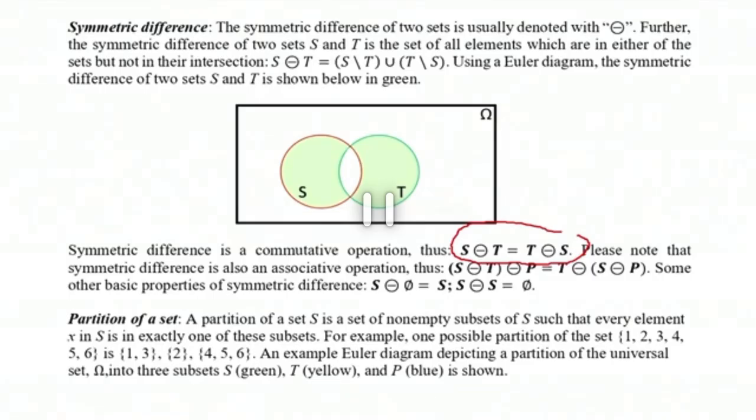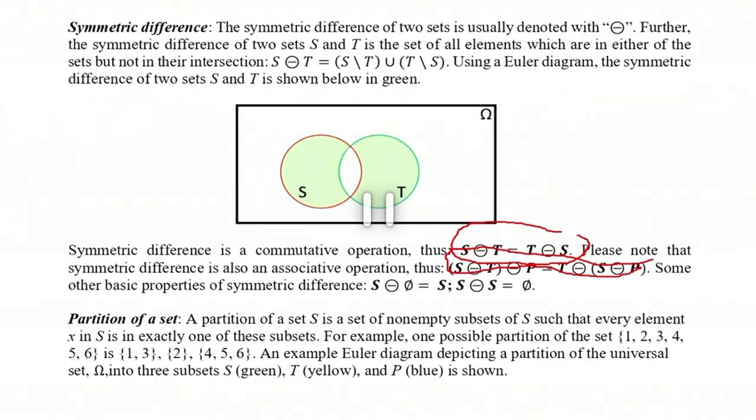And it is also associative. That's what this is talking about. I can give you some sets in S, some sets in T, some sets in P, and ask you to investigate whether the associative relationship holds. I can ask you to investigate commutativity. I'm going to give you some elements for that.